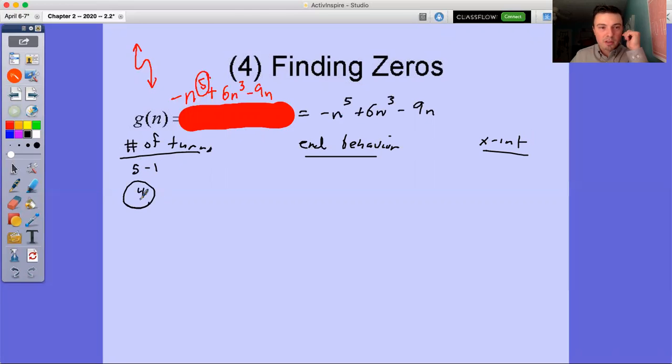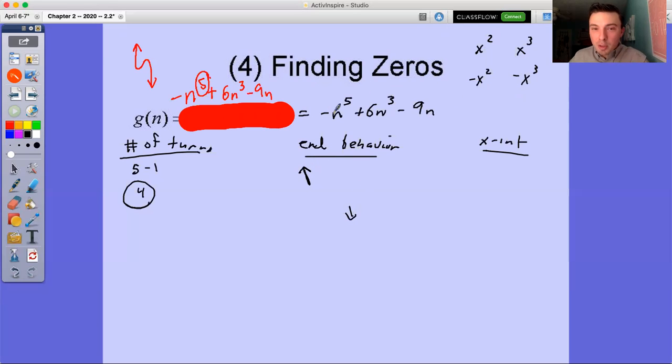4 turns. End behavior. Which of our 4 basic functions does this one most resemble? The x cubed, negative x cubed. So if you look at your chart, you'll see that it goes up to the left and down to the right.